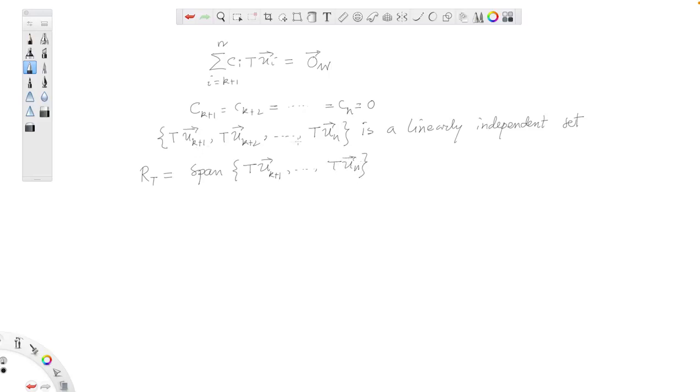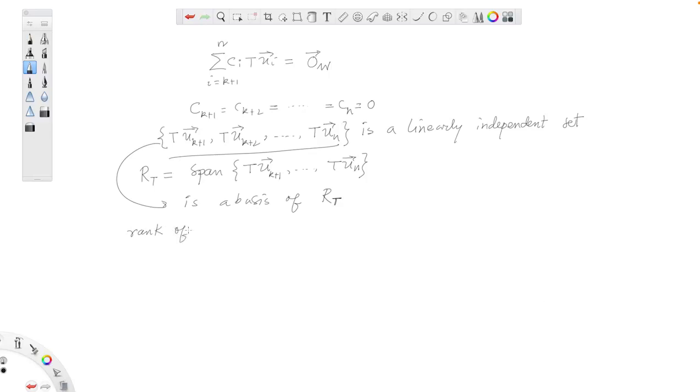And now we see that this set is a linearly independent set as well, which means that these form a basis of the range of the linear transformation T. So this is a basis of the range of T.